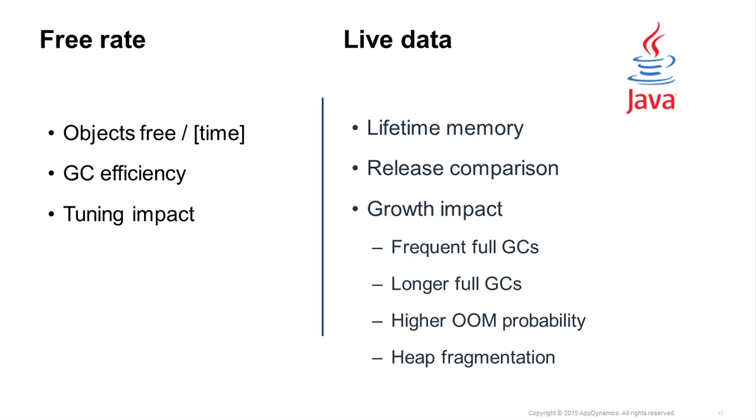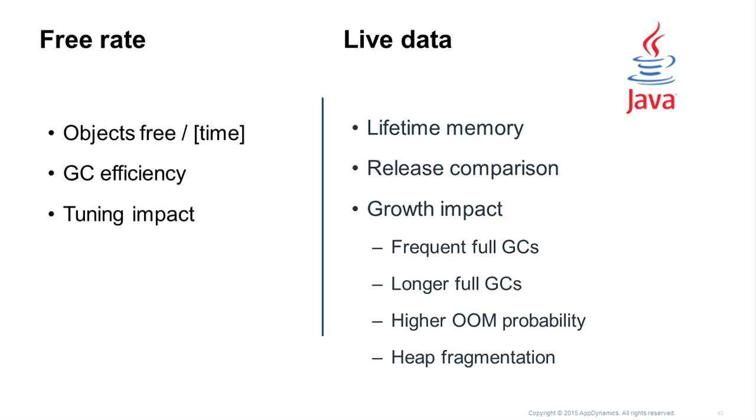But as you start building more and more capability and features, if you don't scale or tune your JVM properly, you may increase the footprint of the live data. When the live data footprint increases, you can run into all sorts of issues, such as more frequent full garbage collections and longer full garbage collections. You can run into a higher probability of out-of-memory errors, which can crash your JVM, and you can also have more heap fragmentation.